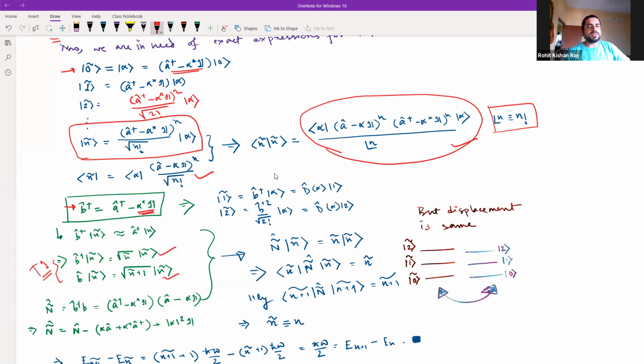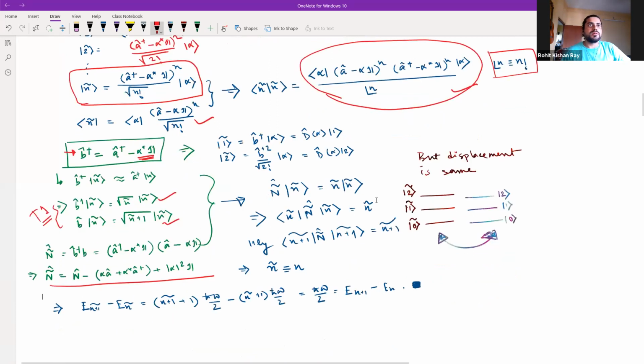Once we have this data, we can express a number operator in the displaced Fock state in this way, like we did in the standard Fock space. Instead of having A dagger A, we are having B dagger B, and we can expand this term and find this expression. Let us also notice one important thing.